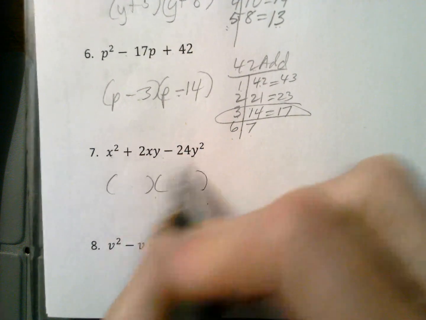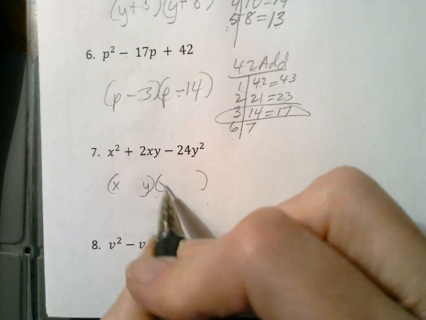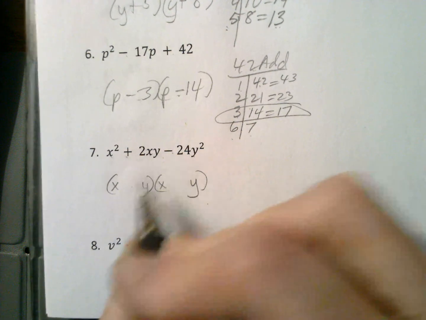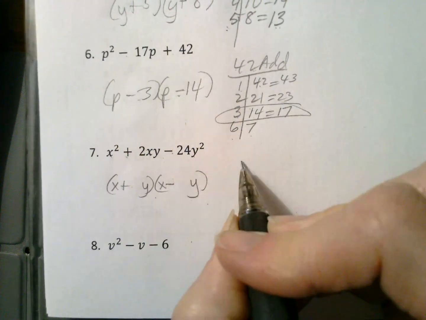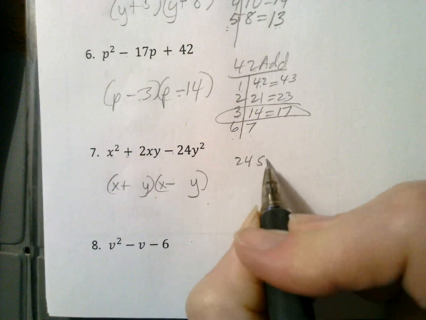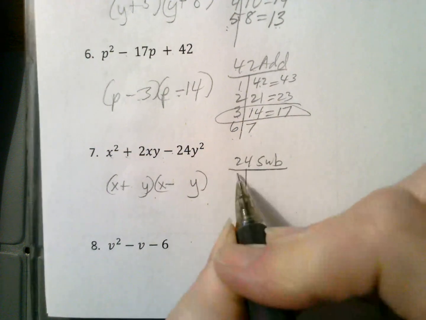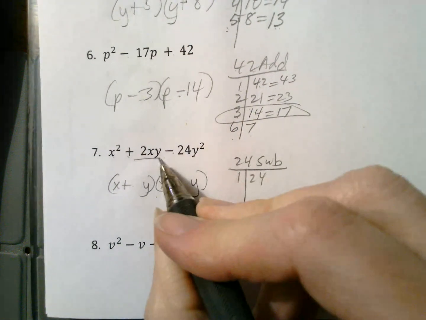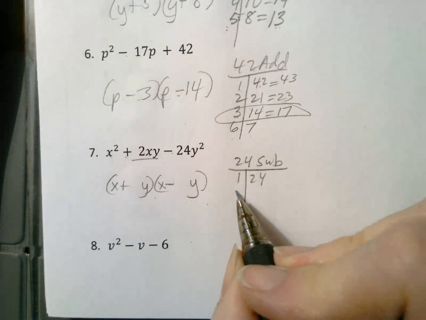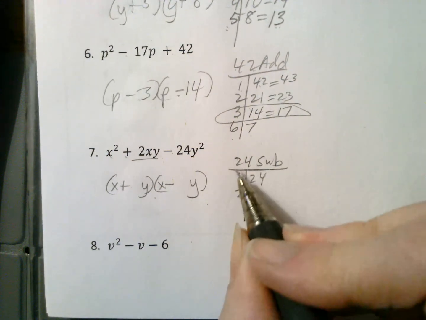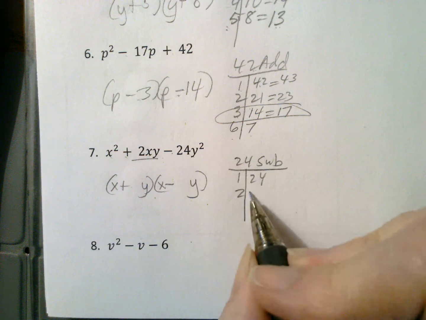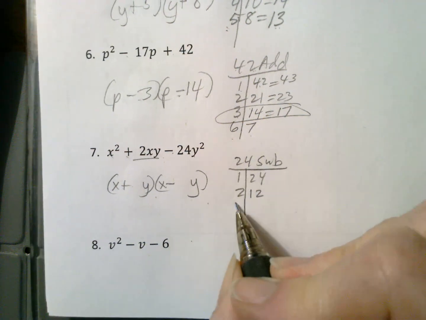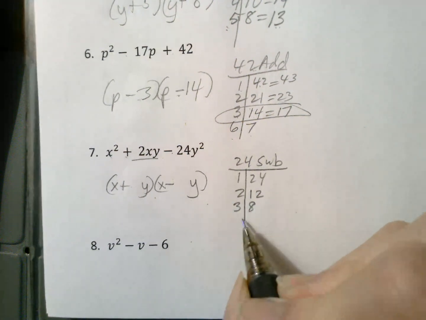All right, double variable, x here, y here, x here, y here. A plus and a minus is a plus and a minus, and they're subtracting your factors. 1 and 24. I'm trying to get a 2, so I need factors that are kind of close together, but I'll just go through them so I don't miss it. 1 and 24, 2 and 12, 3 and 8.